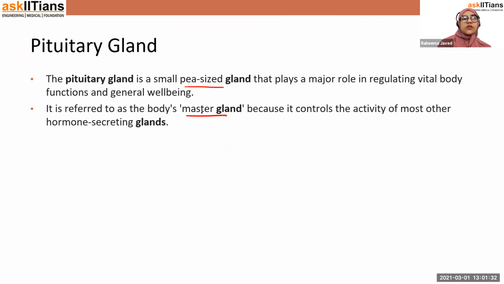Okay, so this is known as the master gland, but just think once, without the secretion of the hypothalamus, would the pituitary work? No. So why are we calling it the master gland?